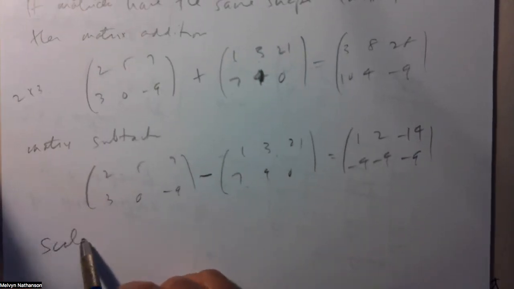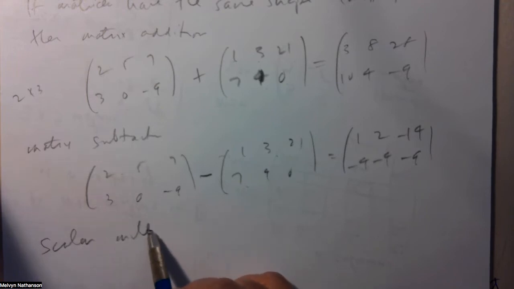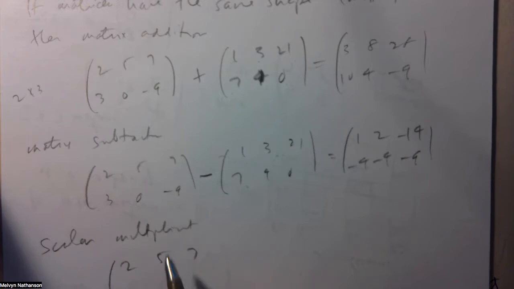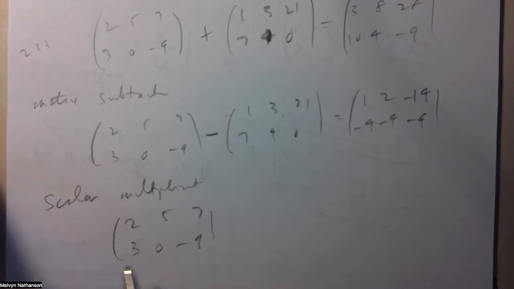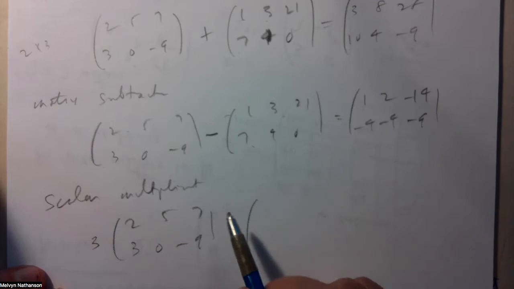And you also have scalar multiplication. If I have a matrix and I want to multiply it by a number like, I don't know, 3, you just multiply every coordinate by 3, just as in scalar multiplication of a vector, you multiply every component by the scalar.